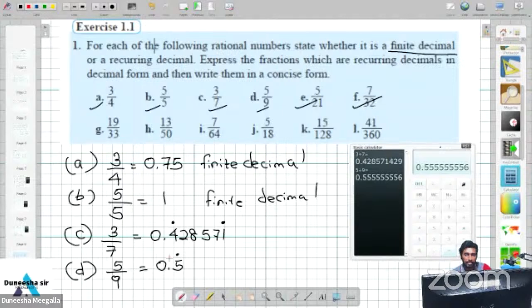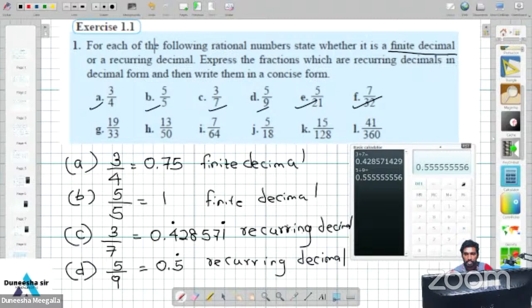Yes. Repeating the 0.5. The element of repeating is 5. Okay, now you have to write down whether it is finite or recurring decimal. Recurring. Can you identify it? Finite.